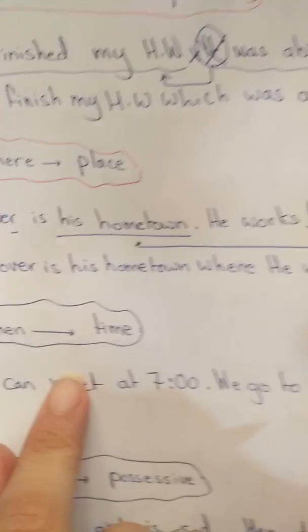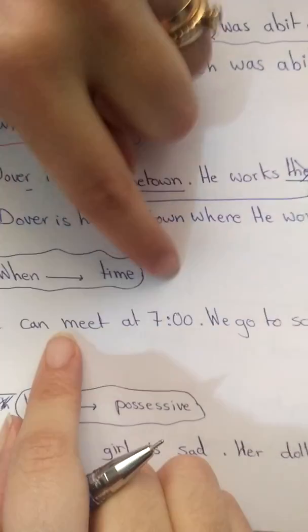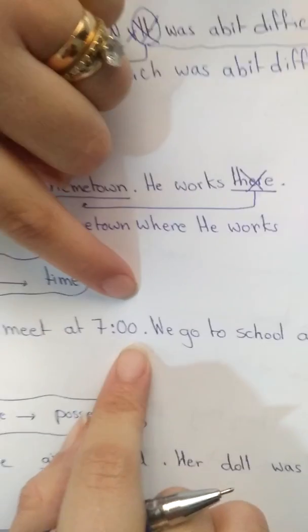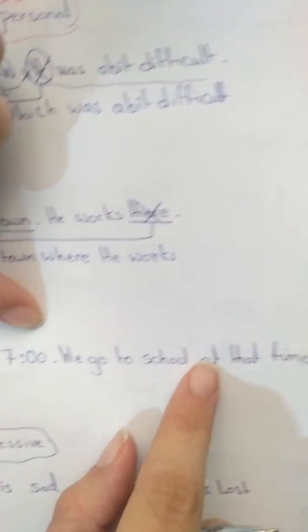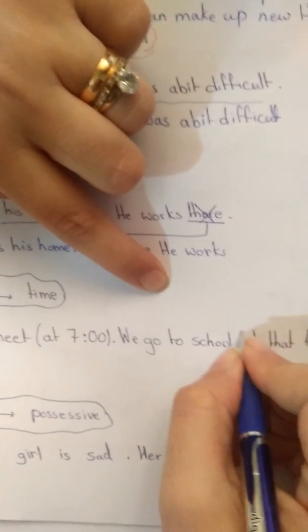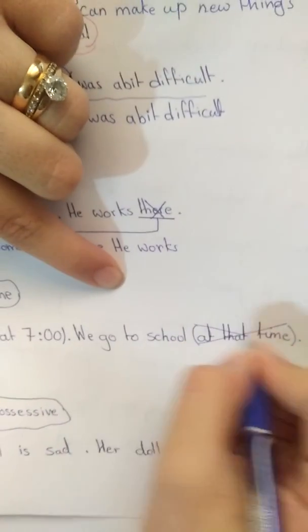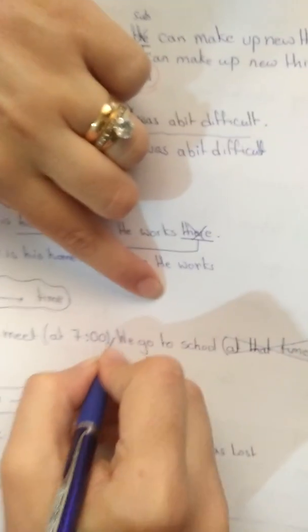We use the correct relative clause: where he works. Now, when. We use when with time. Look here: we can meet at 7 o'clock. We go to school at that time. At that time, we can delete at that time and the dot.